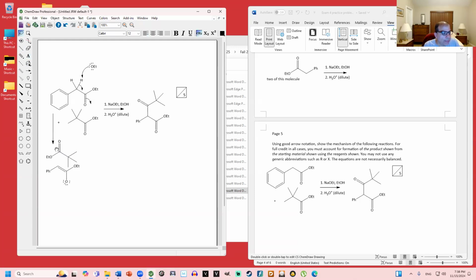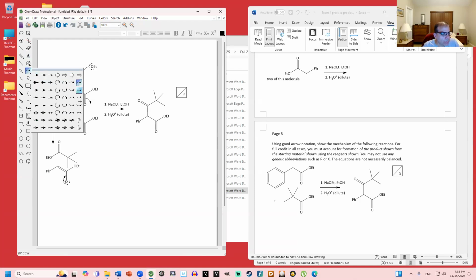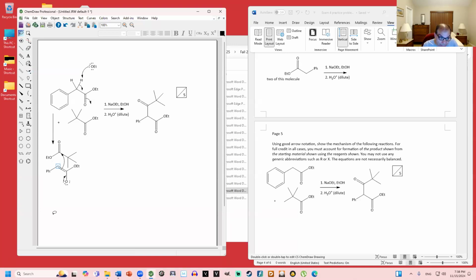So we'll put that carbonyl right above. We reform our carbonyl. We form a new bond between this carbon, that's the carbon that the electrons in the pi bond remain attached to, and the carbonyl carbon.